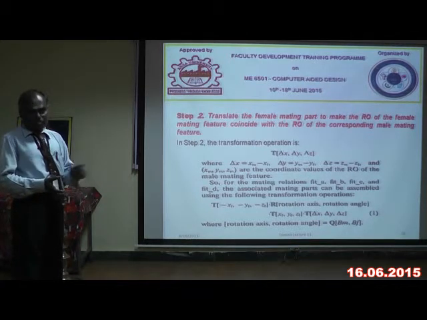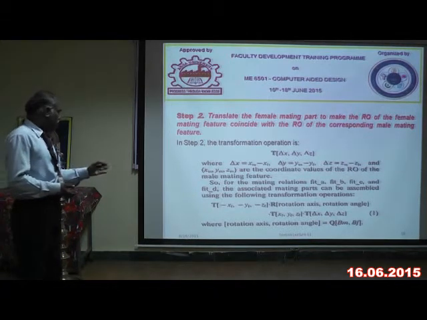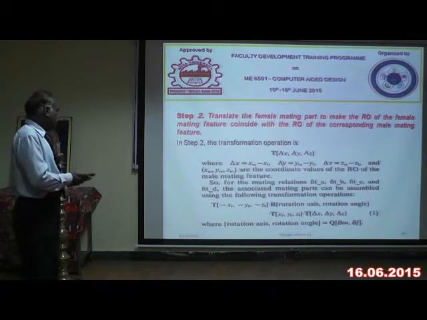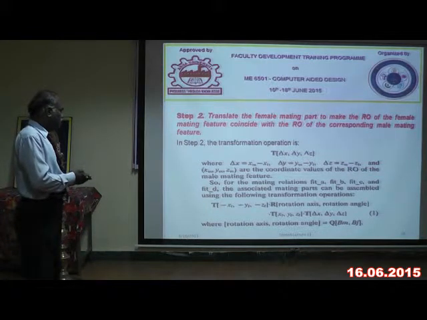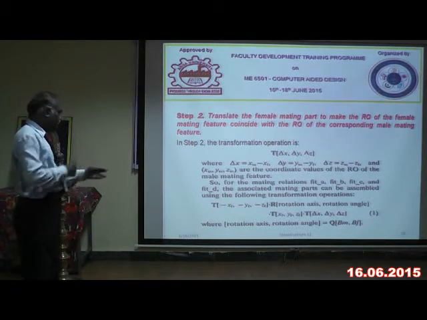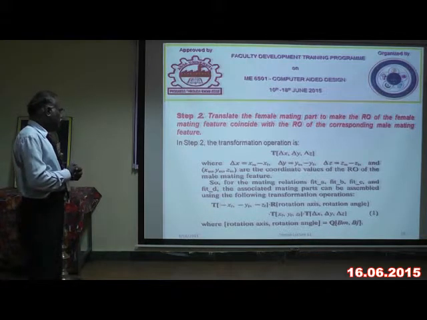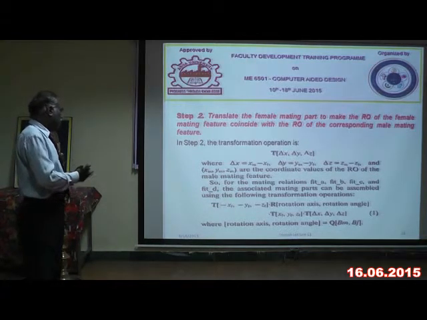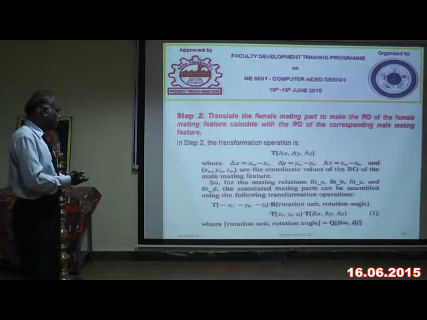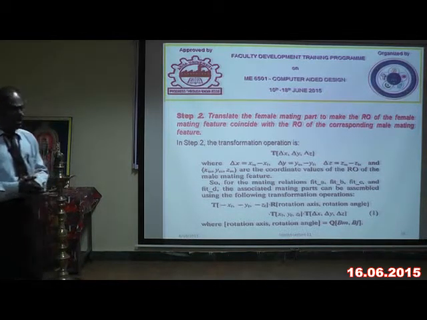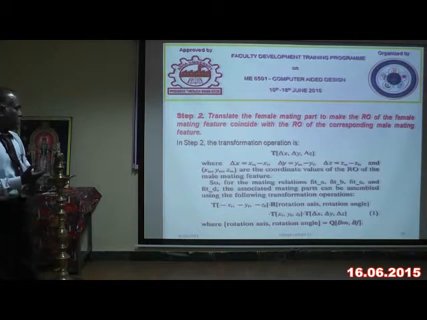Now in equation 1, T is the transformation matrix for direction and coordinates, R is the rotation axis, and the equation is in multiplication form: T multiplied by R multiplied by T, where rotation axis and rotation angle equal the quick reference matrix.